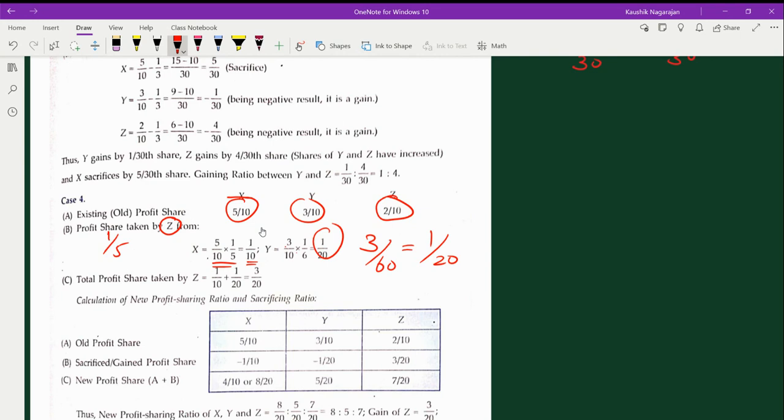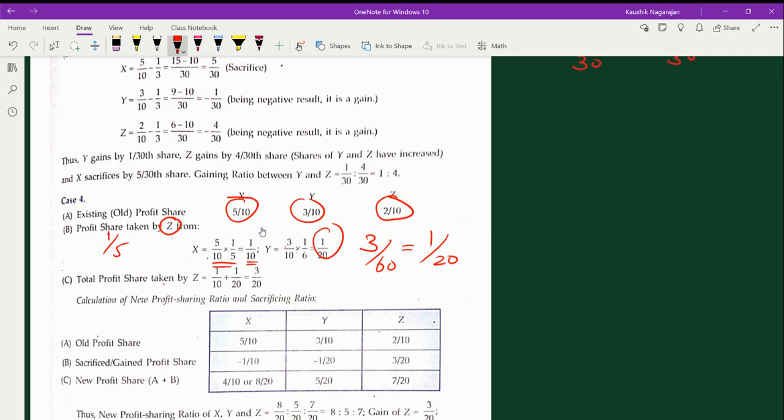But since it is not from, it is of, you have to derive the sacrifice, and with the help of the sacrifice, we'll be able to get our NPSR. So here the sacrifices of the partners are quite simple: 1 by 10 and 1 by 20. Adding these two will give you the total share that Z is going to have altogether.